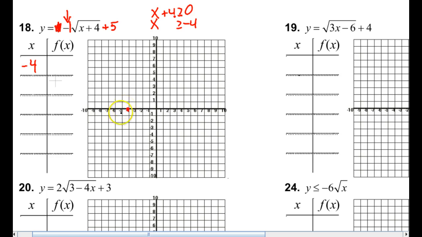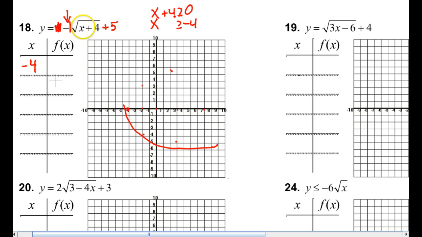And then when you pick points, don't pick -3, -2, -1, and 0 sequentially. Space it out. Pick -2, pick 0, pick 3, pick 7. That way you get some better, more accurate points. Look for nice numbers.